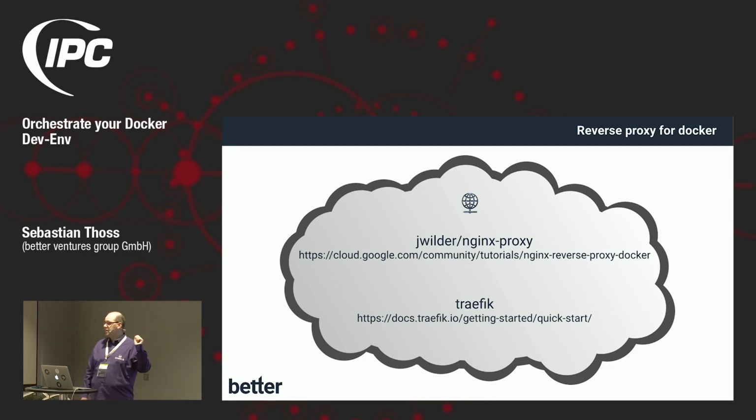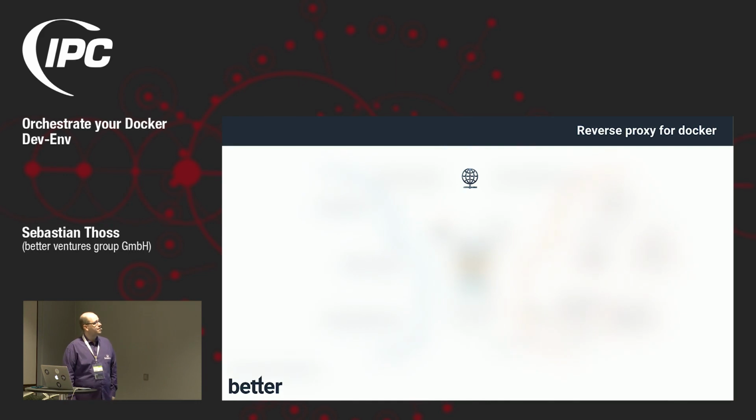The other one is a bit bigger, a tiny bit more complex to get the initial configuration done, but it even gives you the opportunity to talk from Docker container to Docker container directly, based on host names. In the example I show you later, we use the Jason Wilder version because it's a simple example, and that's even configured. But Traefik has the better graphics for us.